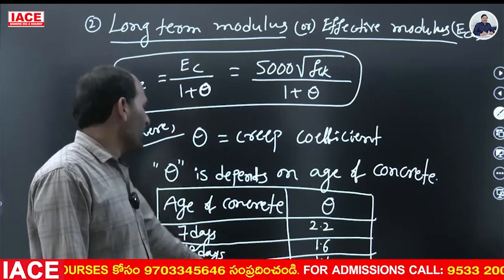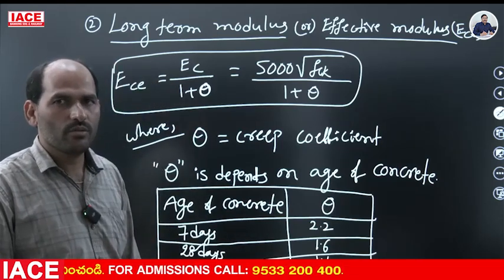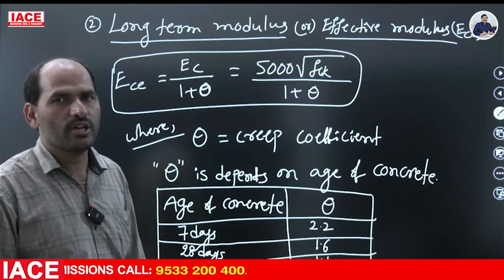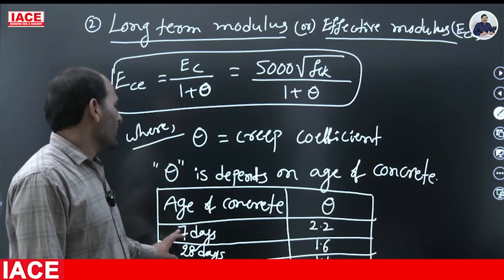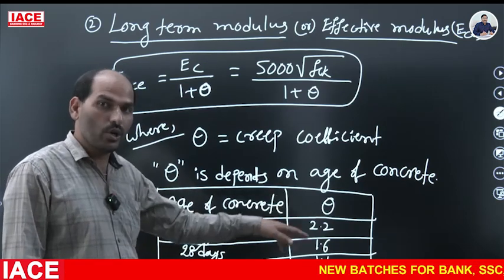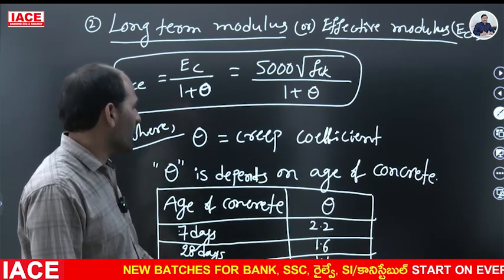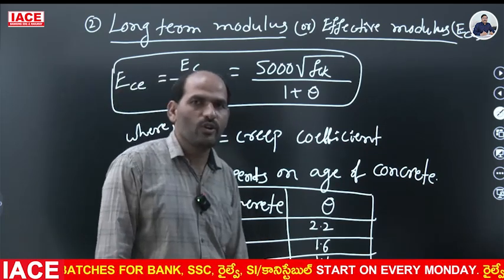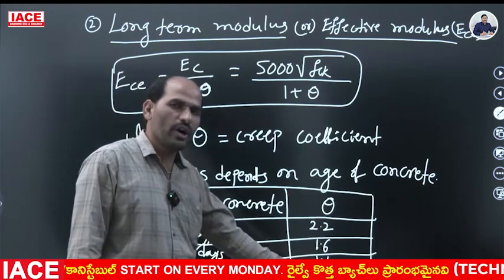For the 1 year age of the concrete, the creep coefficient value is 1.1, right? So remember, for 7 days it is 2.2, and for 1 year it is 1.1.